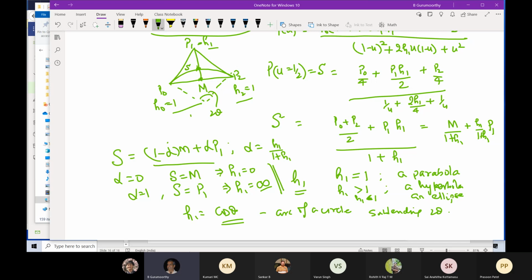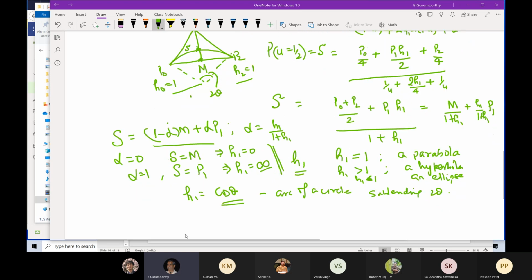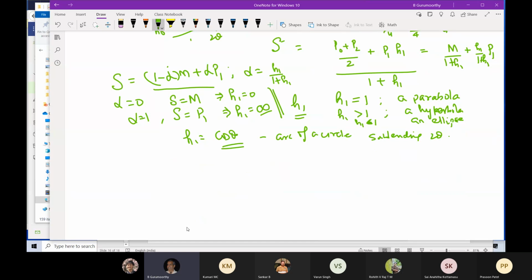Let's revisit the example that we had earlier of the quadrant of a circle and see what it does for us. I want 90 degrees. This is center (0, 0). My first control point is (1, 0). The second control point is (1, 1). And the last control point is (0, 1). And that's my control polygon.